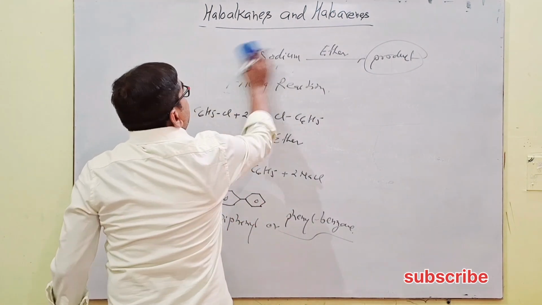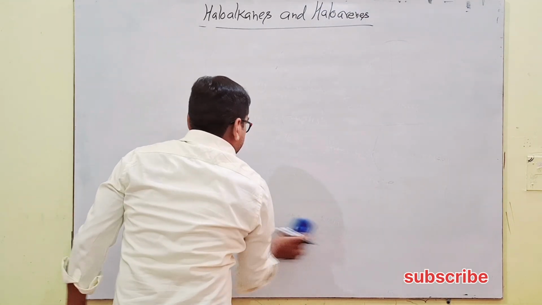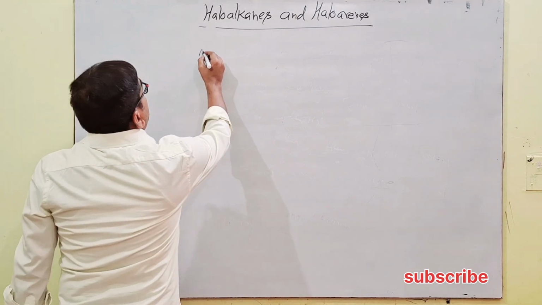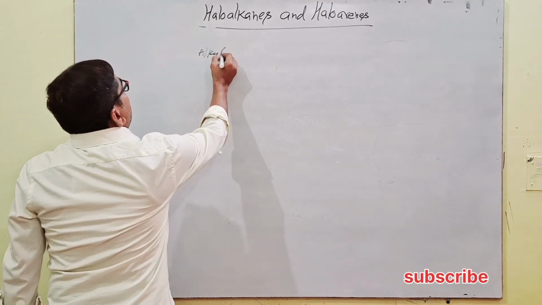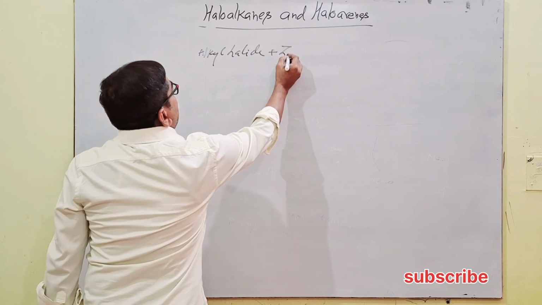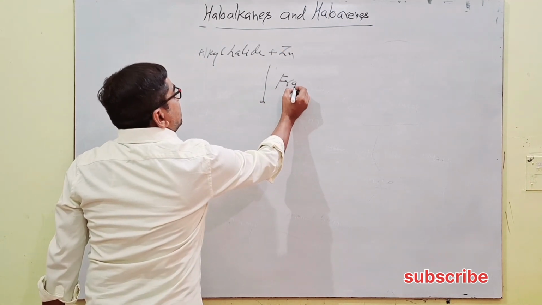Next is, when alkyl halide reacts with zinc, it's called the Frankland reaction.